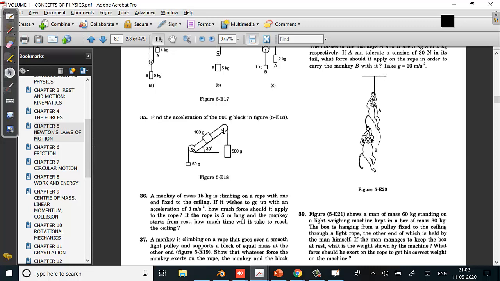All other chapters are very easy. This mechanics is the toughest part. Everything is easy except mechanics. They will ask electrostatics and magnetism, everything.